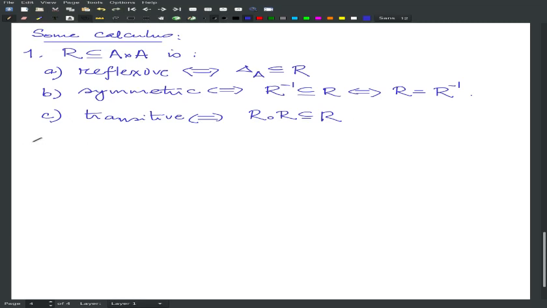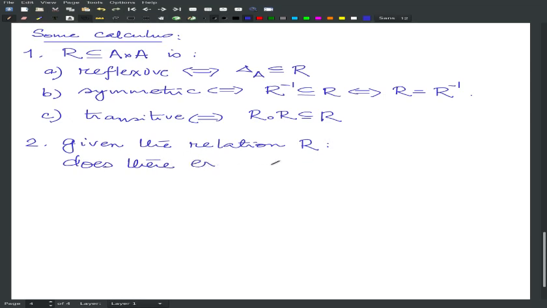So the goal is now, given the relation R, the question is, does there exist a relation S which contains R and has, let me say, a good property.